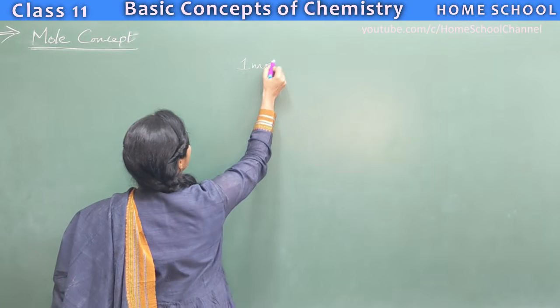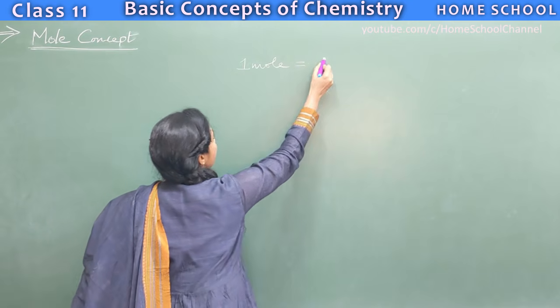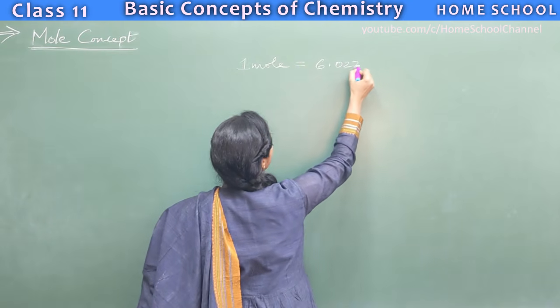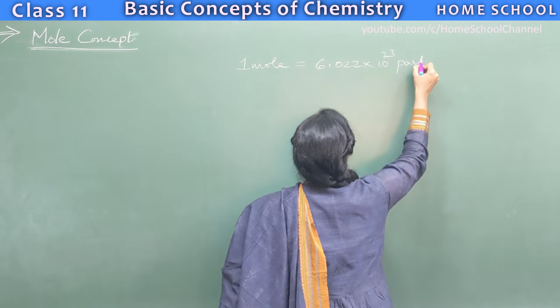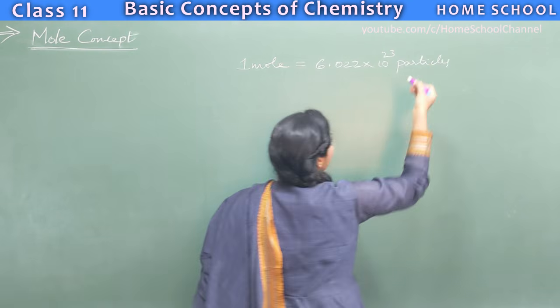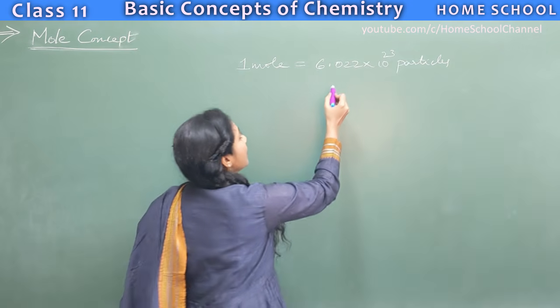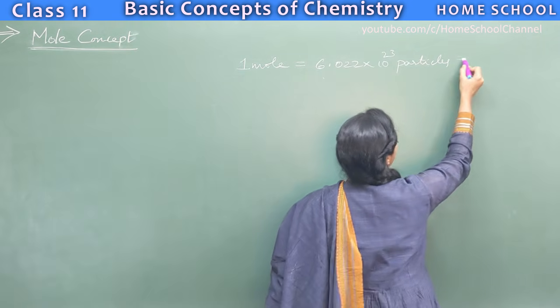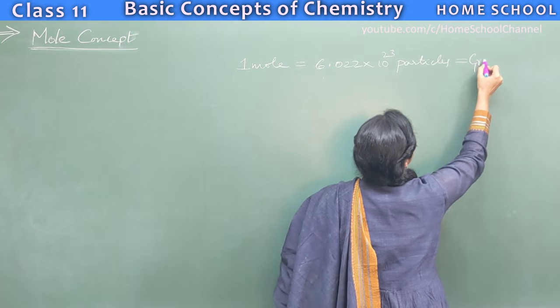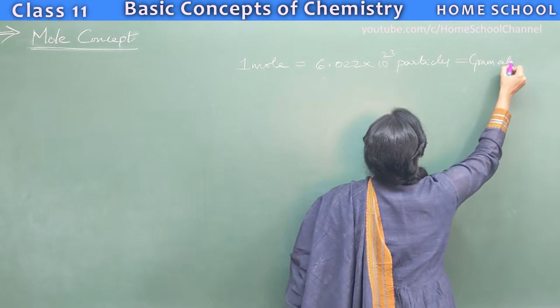Say always 1 mole. 1 mole means it is always 6.022 into 10 power 23 particles, right? So here particles can be atoms or molecules. The mass of these many particles is always equal to gram atomic mass.